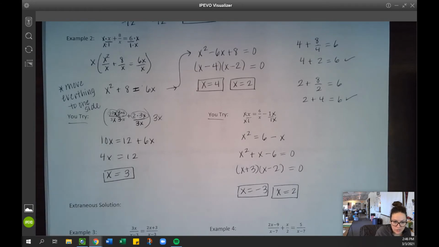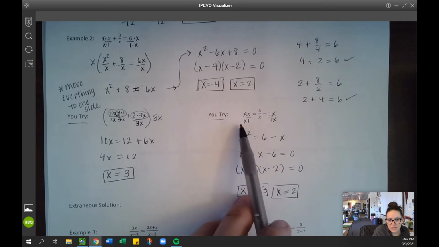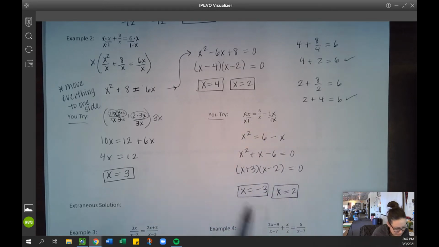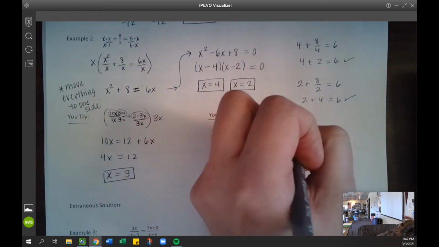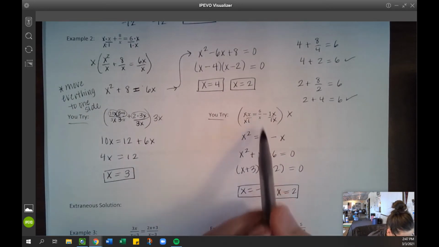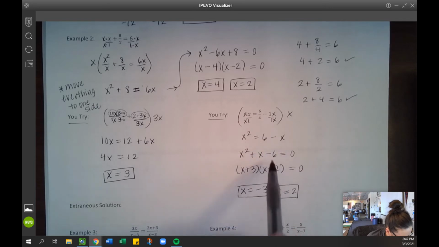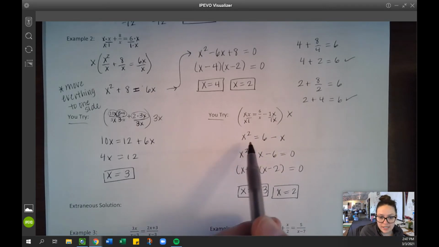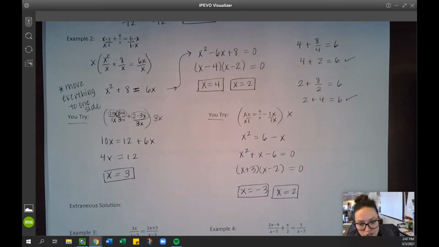It's a linear equation. The second one, we needed to get a common denominator of x, and when we clear that out, we're left with x times x, which is x squared, 6, and minus 1x. We move everything to one side because it is a quadratic equation, factor it, and solve, and you actually end up with 2 solutions.